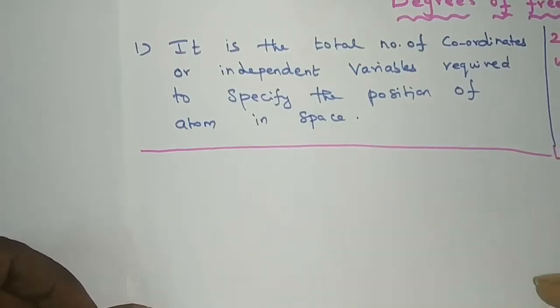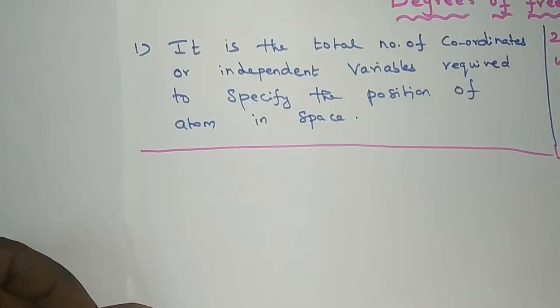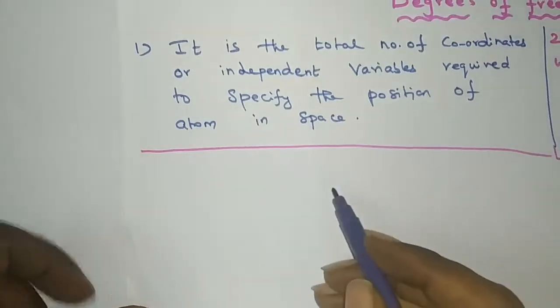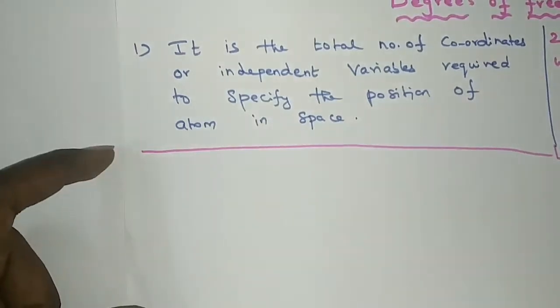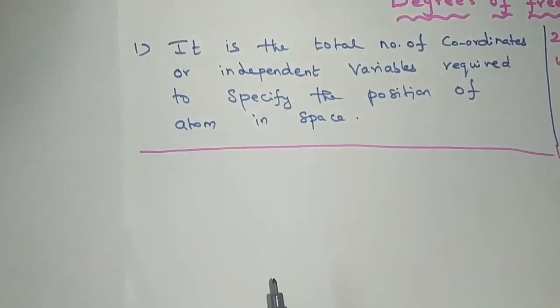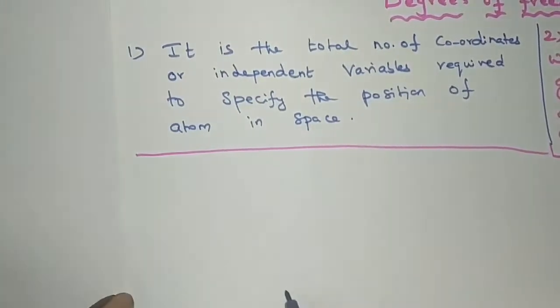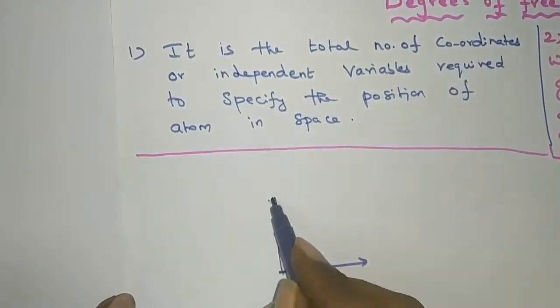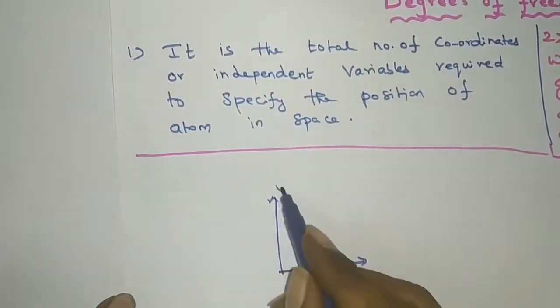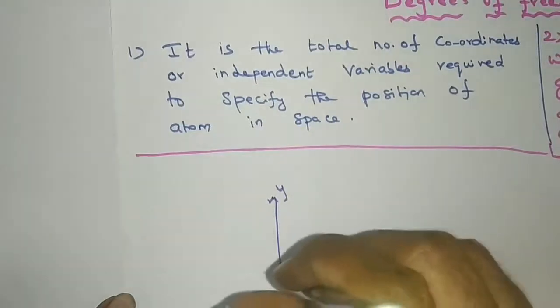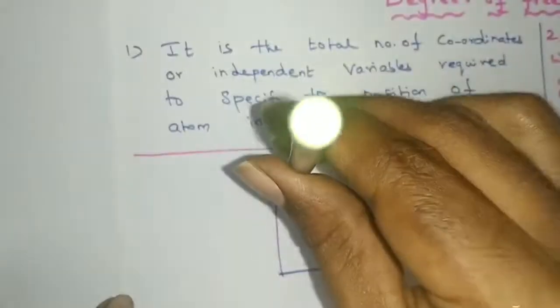So let us consider how to describe the position of an object in space. I have an object like a ball. How to describe its position in space? You require a three-dimensional axis like this. Here we have x-axis, and this is y-axis, and z-axis will be like this in this plane, right?